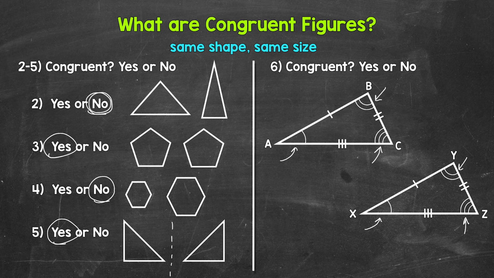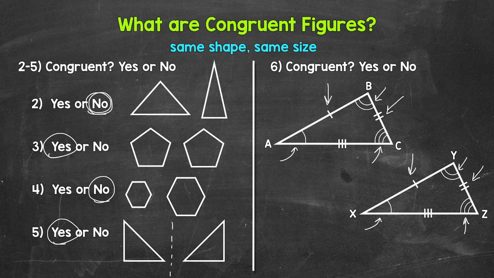Next, let's move on to all of the sides. And we will start with the sides with one tick mark. So side length AB right here and side length XY. That one tick mark on each tells us that those sides are congruent. The sides have the same length. Next, let's look at the sides with two tick marks. So side length BC and side length YZ.